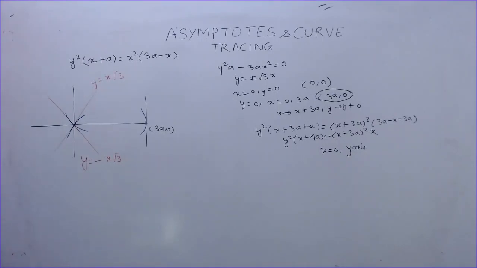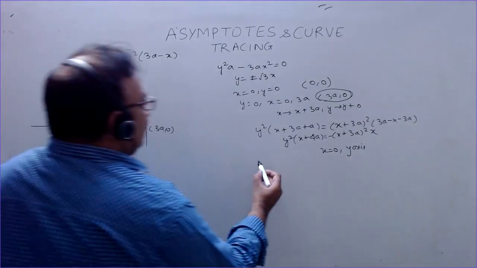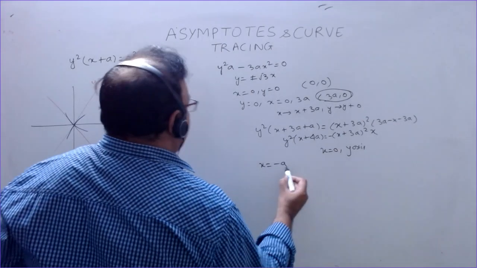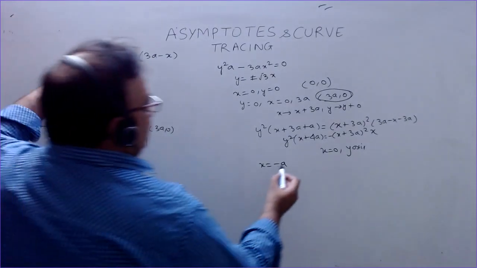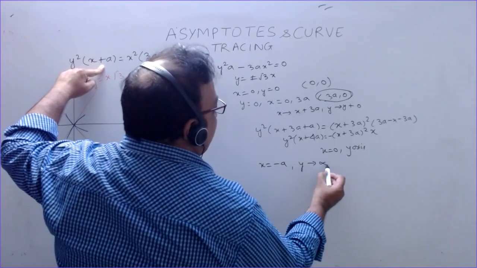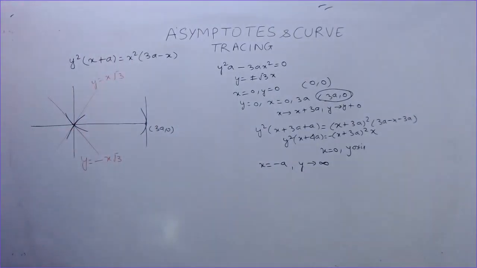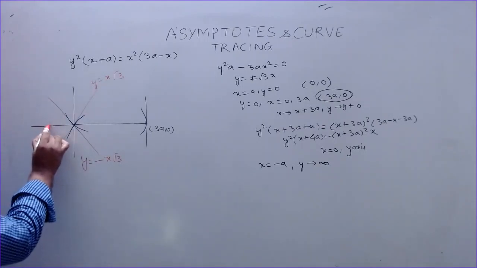Now we have to check the existence of the curve. If x equal to minus a, then y is not real. y does not exist. That means the curve does not go beyond x equal to minus a.